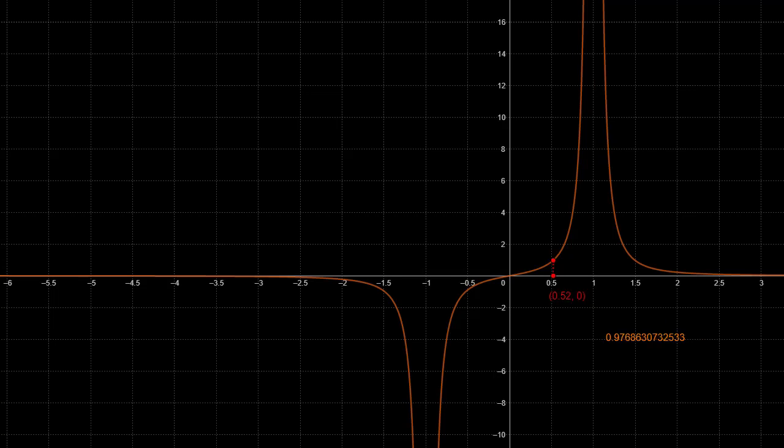As we approach from the left, we're getting closer and closer to 1, but the y values are getting larger and larger. And you can even see when I get right to 1, it tells me infinity. So when we're at 0.99, we're at almost 2,500. And when we take one more step, the graphing software just straight up tells me infinity. Okay, so we get that behavior on both sides of 1 here.